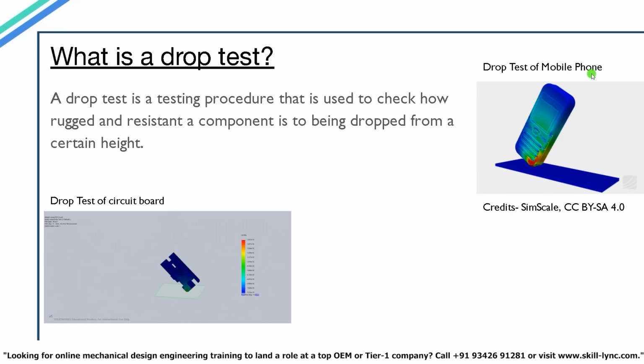Here on the right we have a simple drop test of a phone from a certain height, performed in SimScale software, and this is a drop test of a simple circuit board which was dropped from a height of around 2 meters. This was performed in SOLIDWORKS Simulation. So let's move on to the software part.